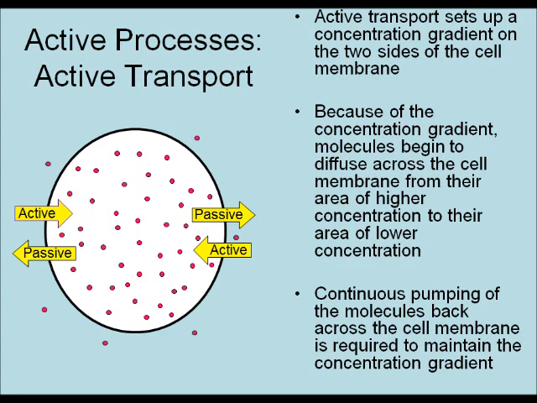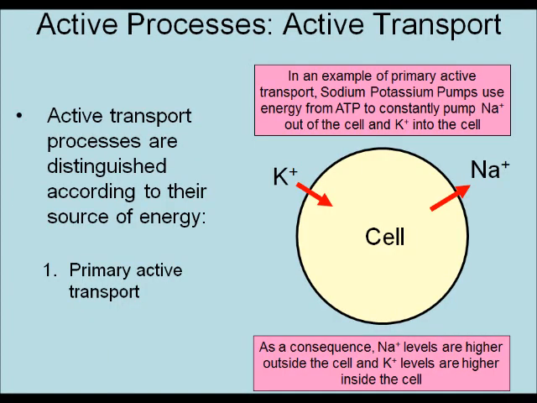Secondary active transport indirectly uses the energy from ATP to move molecules across the cell membrane. That's the basic difference between those two. With that having been said, I want to show you the examples of why this is actually the case, and we are going to start out with primary active transport.